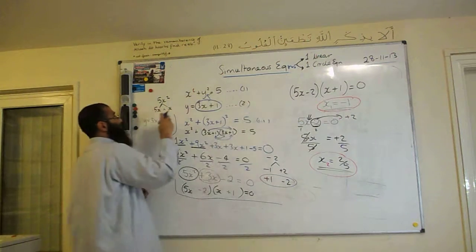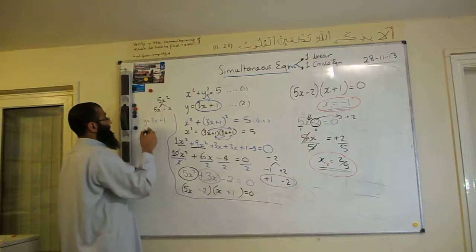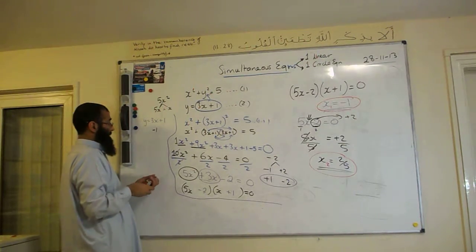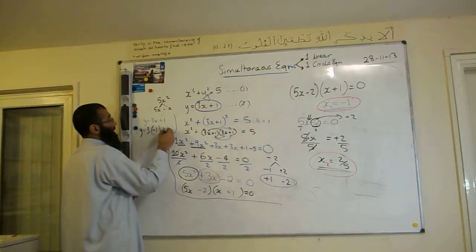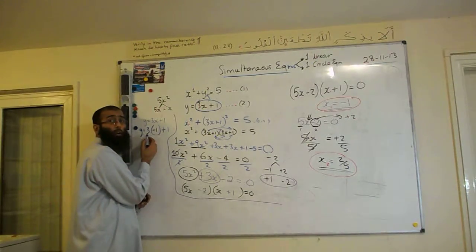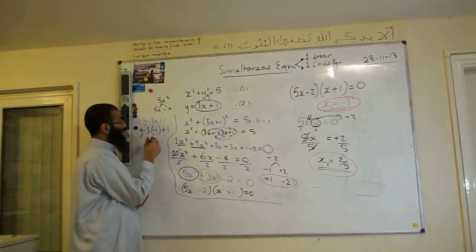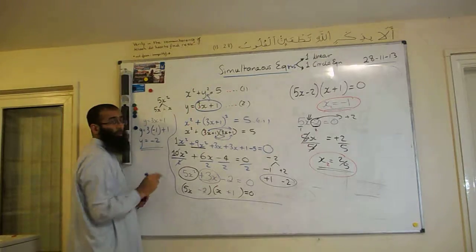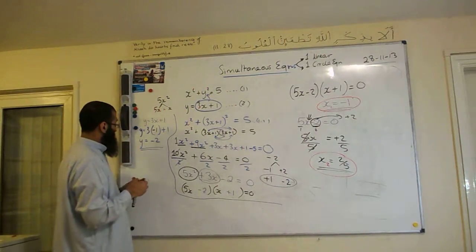Pick that up, put it into here. So that's saying now 3 times by minus 1 is minus 3. Minus 3 add 1 will give us minus 2.